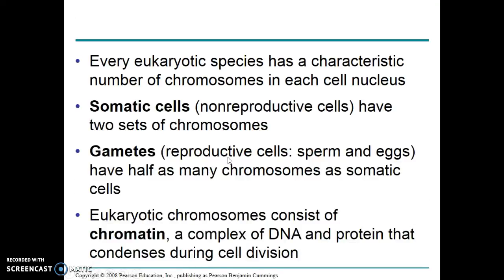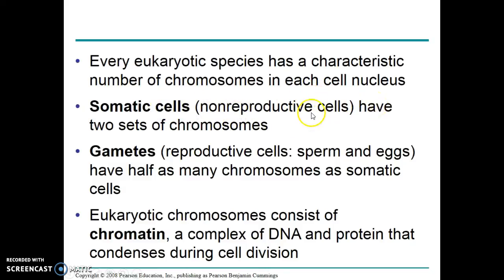Every eukaryotic species has a characteristic number of chromosomes in each cell nucleus. For example, somatic cells are the body cells, except the sex cells. These are the non-reproductive cells.